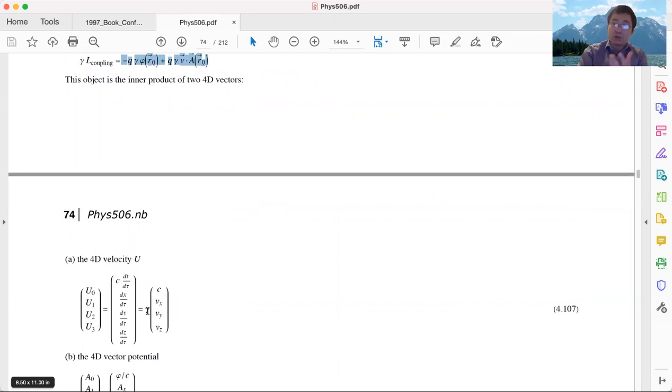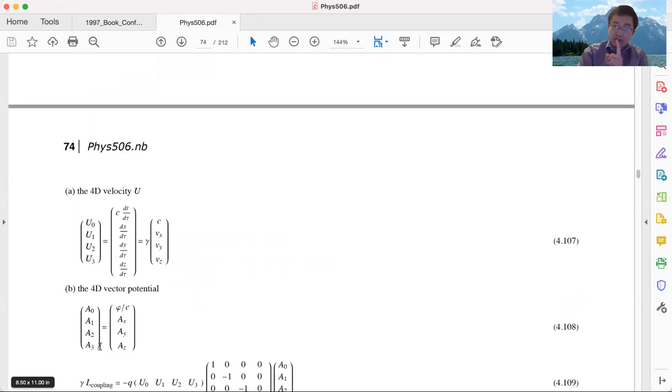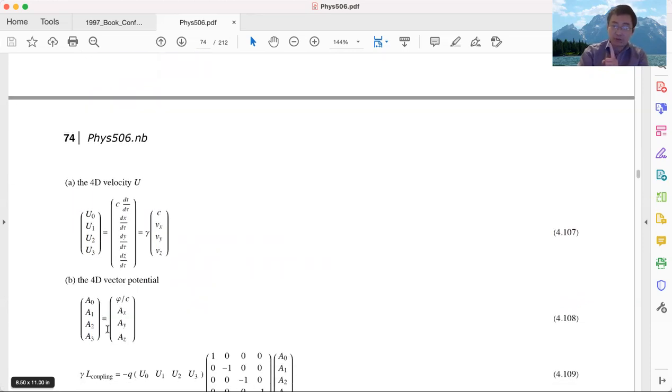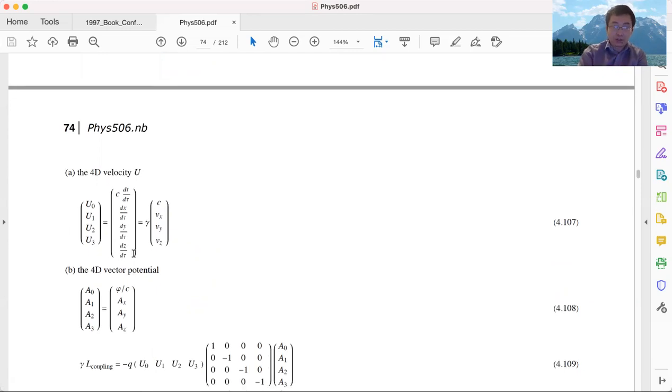In earlier chapters, we also defined another 4D vector, the 4D potential: the scalar potential divided by the speed of light c, combined with the vector potential x, y, z.